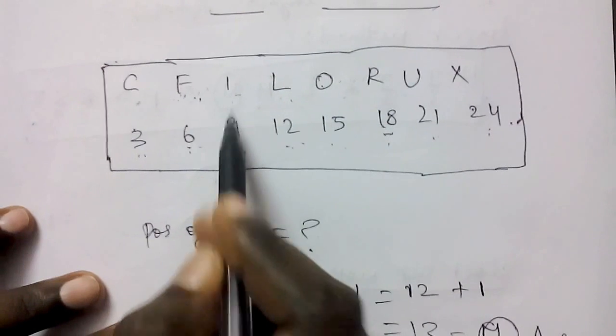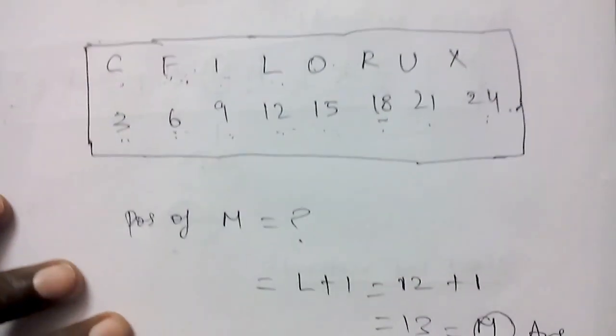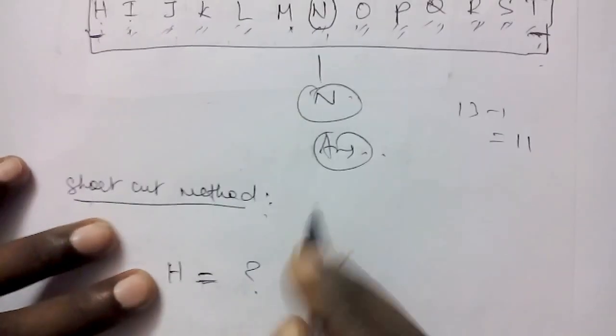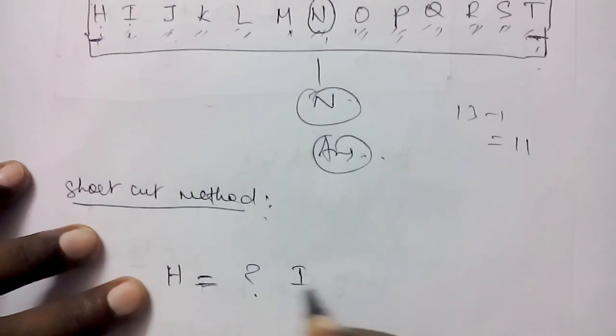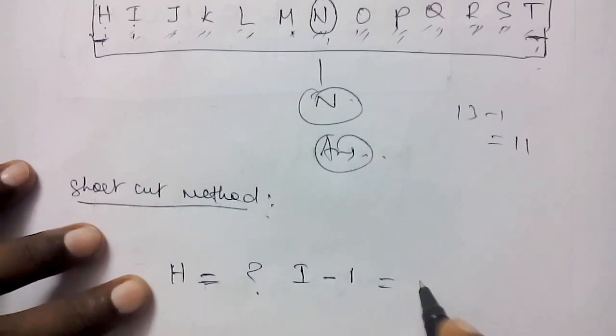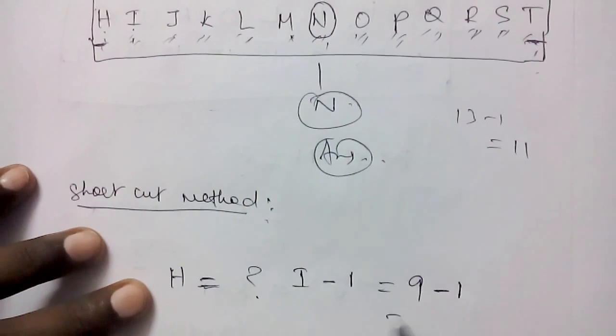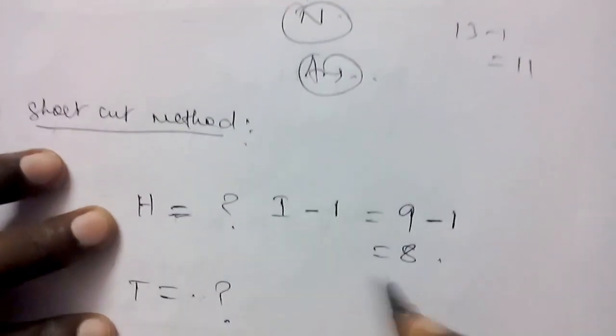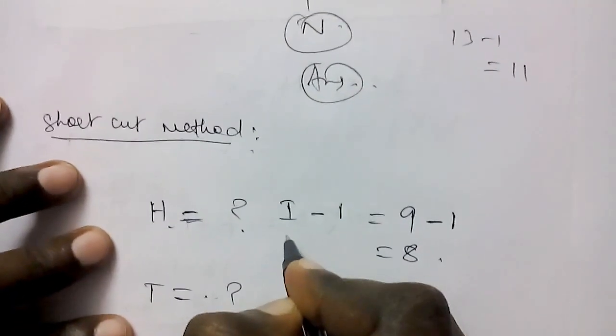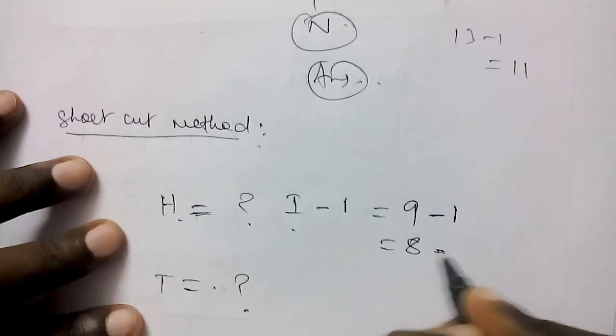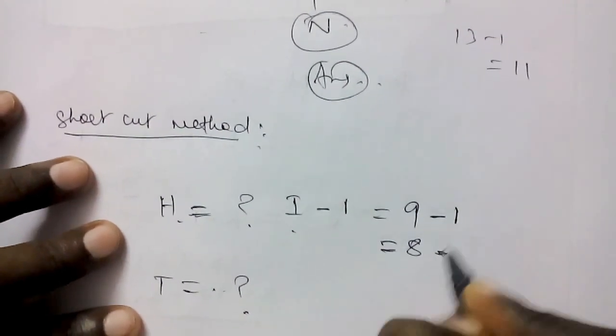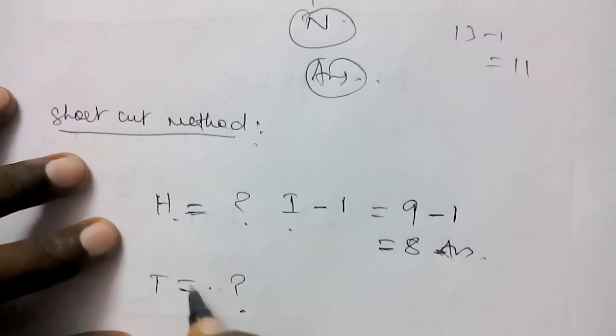We already have I's number as 9, so I subtract 1: 9 minus 1 is 8. After H, I follows. So the answer for H is 8.